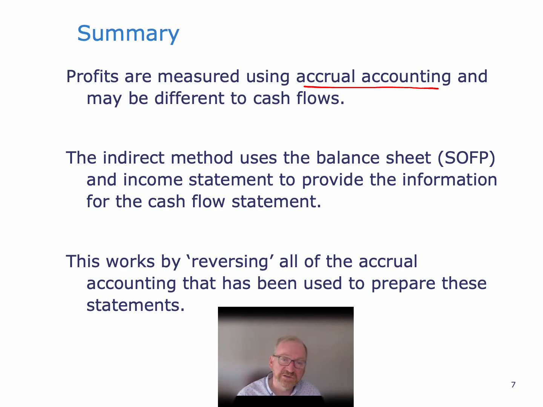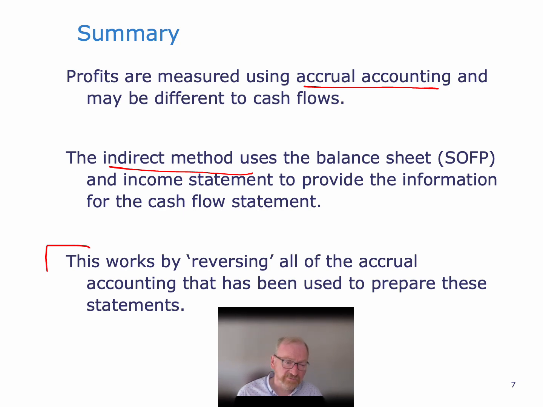We do this using the indirect method, which means that we work back from our balance sheets and our income statement to the cash flow statement. We don't reanalyze all the transactions again and classify them into were they received or paid and work it out that way, which we could, but we don't do it that way. We work back from the income statement and the balance sheets.